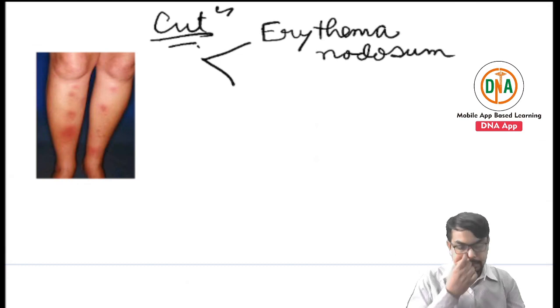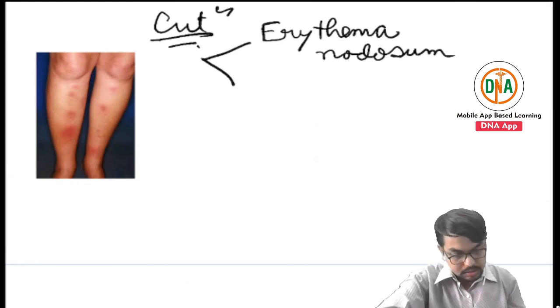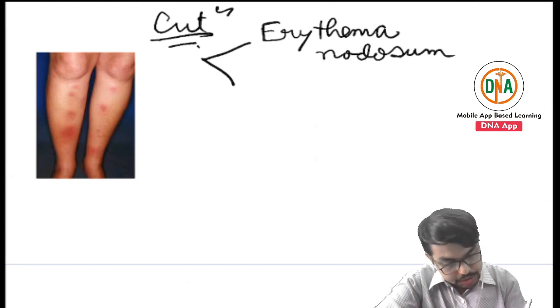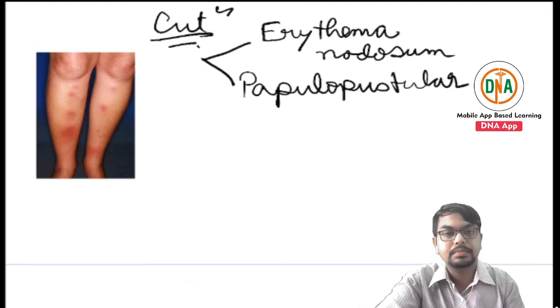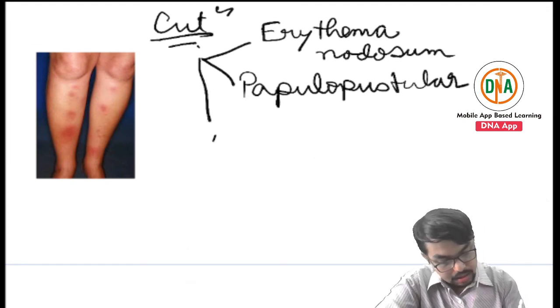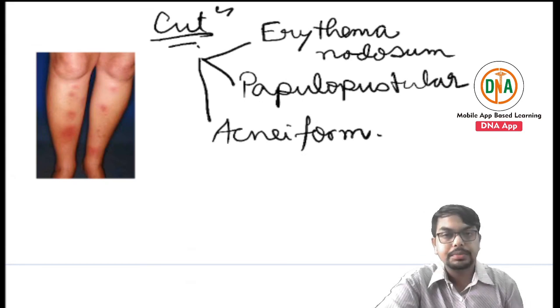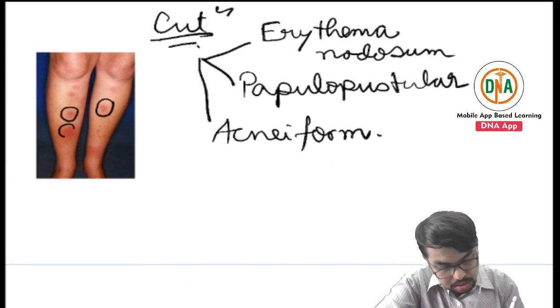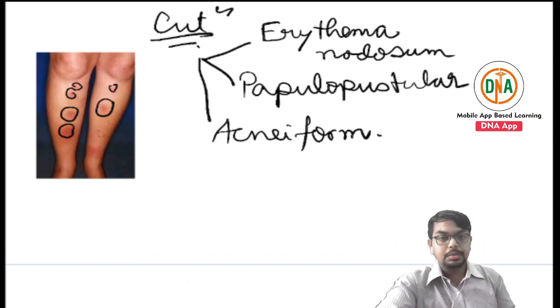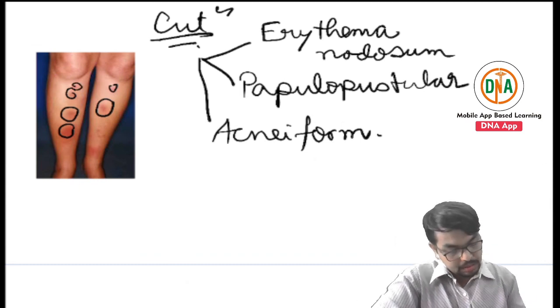Second, you will get papulopustular lesions. Third is acneiform lesions. See, these are the lesions of erythema nodosum, tender subcutaneous nodules present over the lower extremity in the extensor aspect.